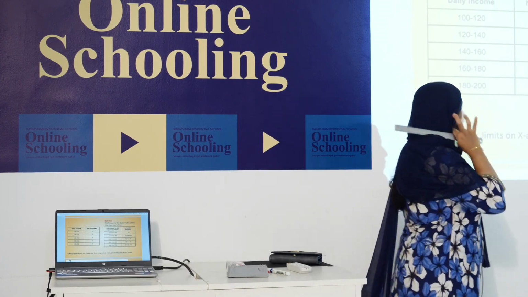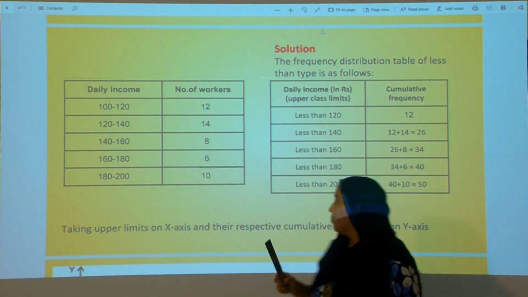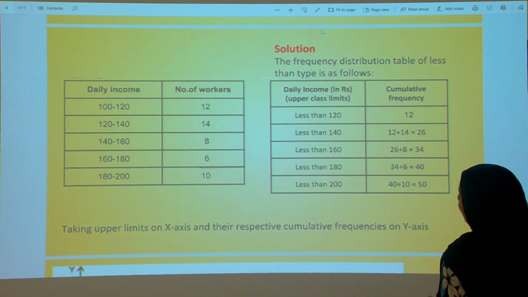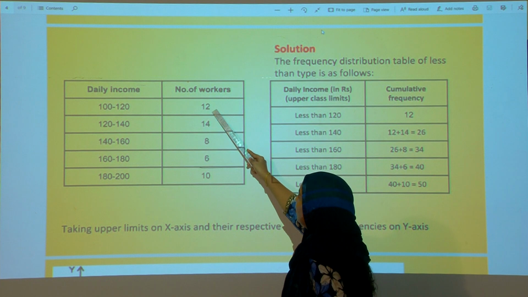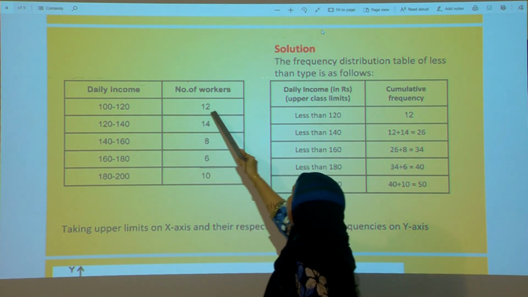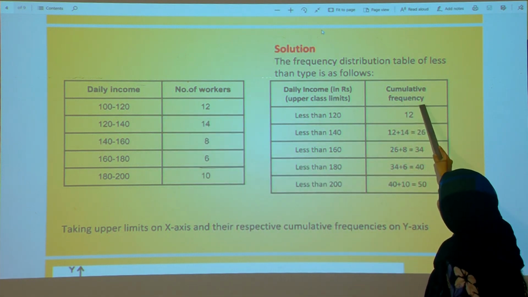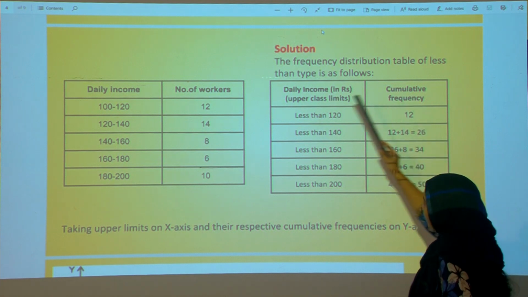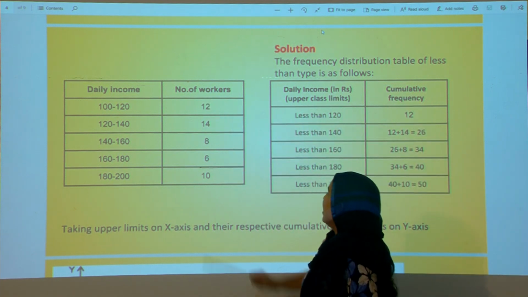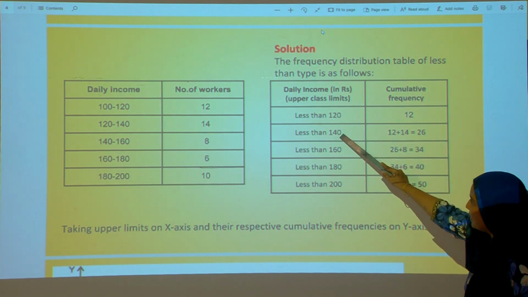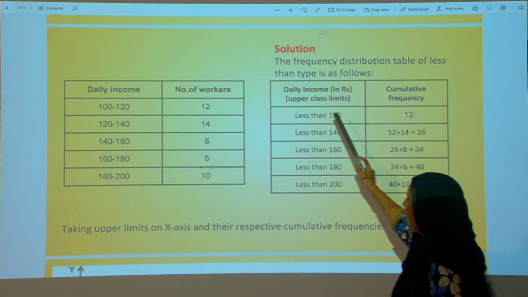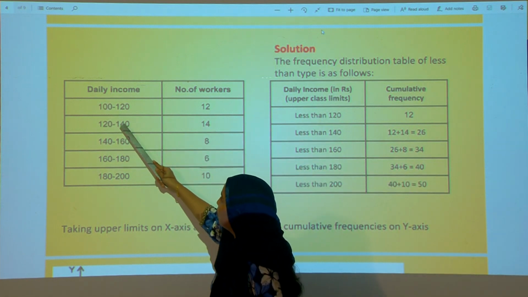So we know that frequency till 120 is 12. So the cumulative frequency till 120 is 12 itself. So the first cumulative frequency and the first frequency will be the same. Next we want to find the cumulative frequency till 140. That is, we will add the frequencies from 100 to 140.